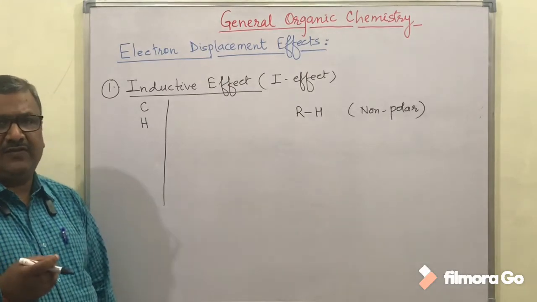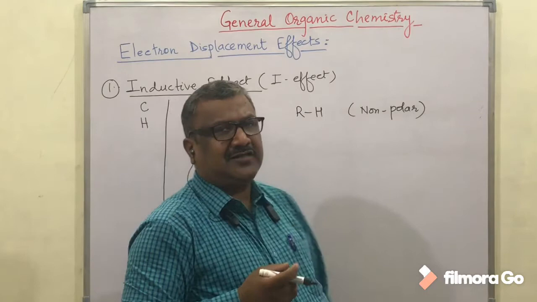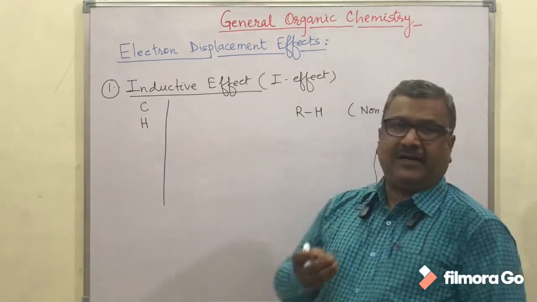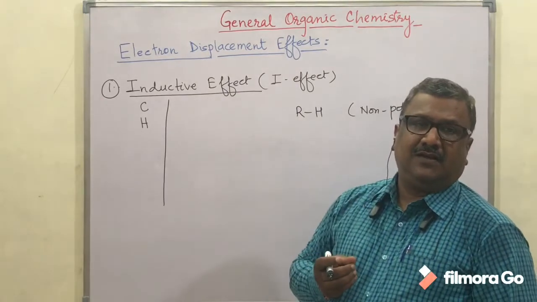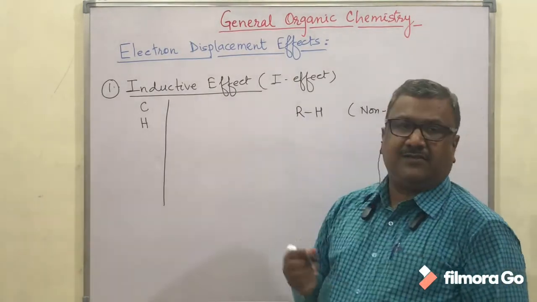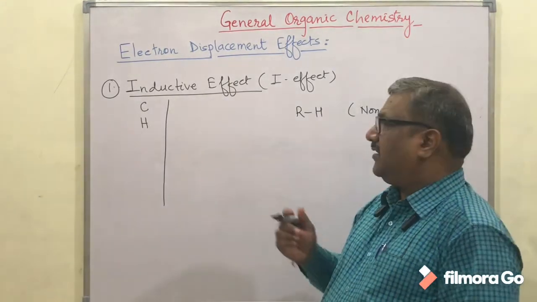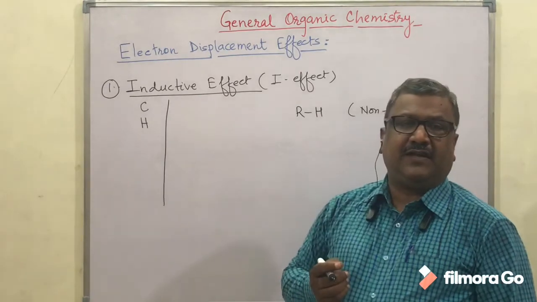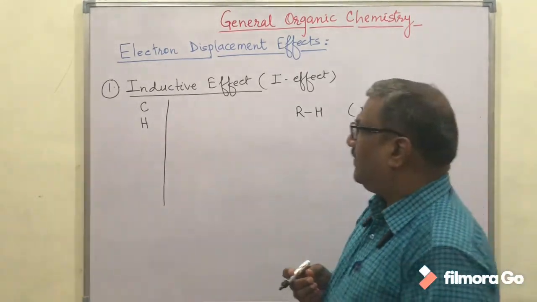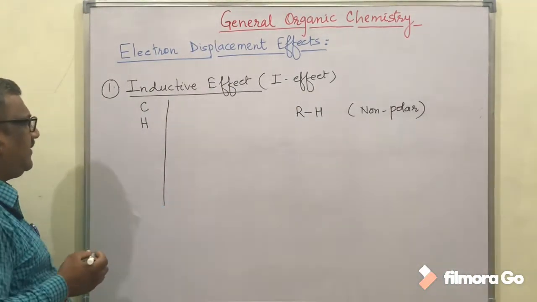There are very few examples of organic compounds in which hydrogen is not present. If you try to write 10 such examples, you will take a very long time to recall them. So almost all organic compounds contain hydrogen.